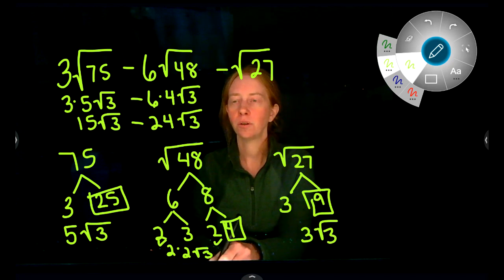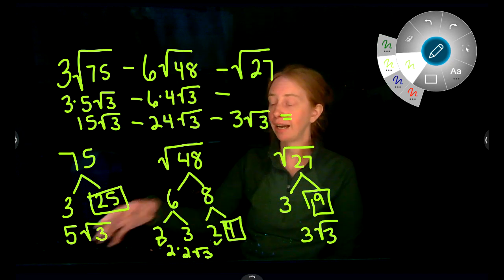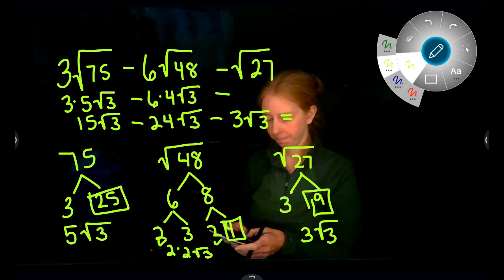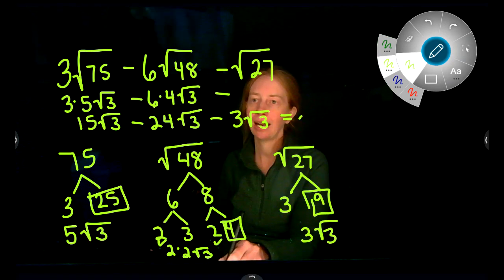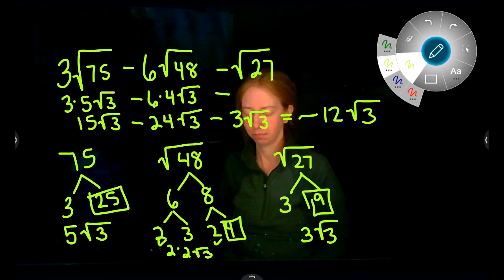We're going to do minus because that's a minus sign, and it doesn't have anything else, so I can pop it down onto this line right here with my others. Now I have 15 minus 24 minus 3, which is negative 12 times the square root of 3.